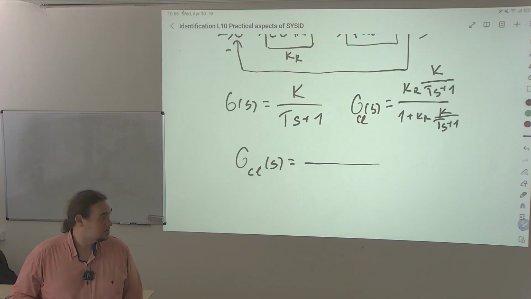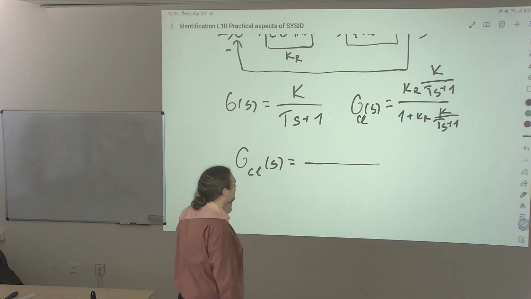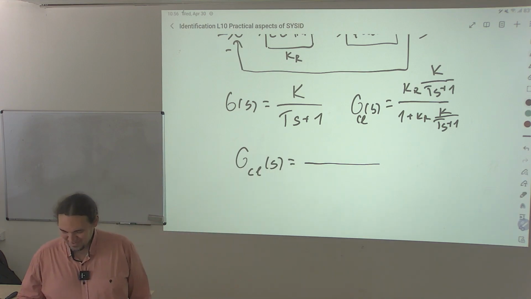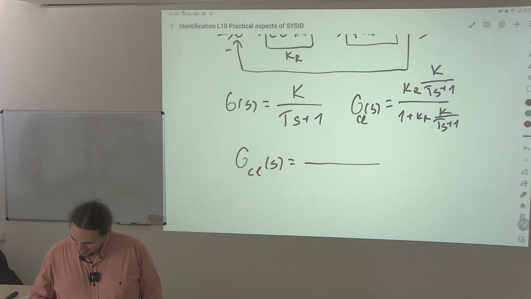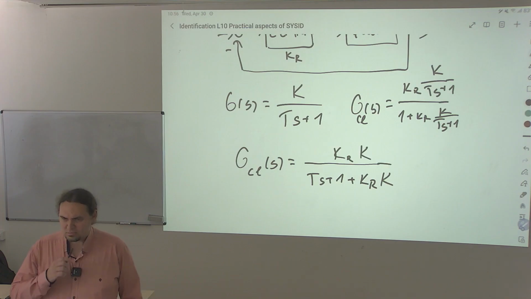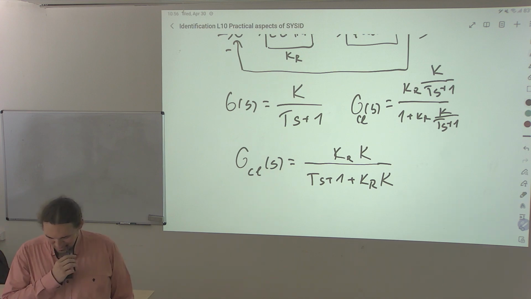We need the common denominator to get rid of TS plus 1. You have done this in Theory of Automatic Control 1. So what do we have? TS plus 1 plus KR K. Something like this? Or am I missing something?